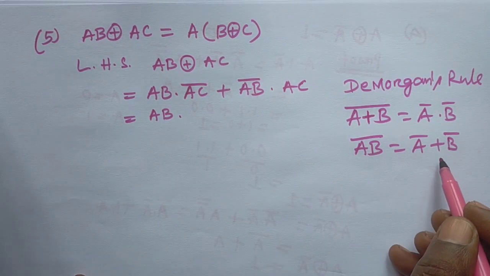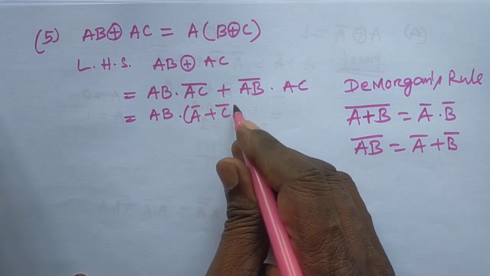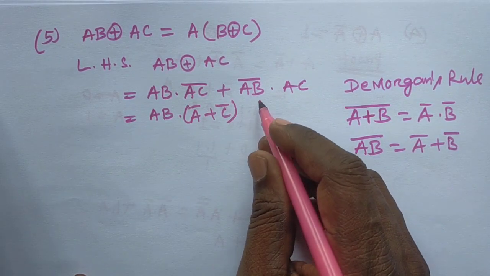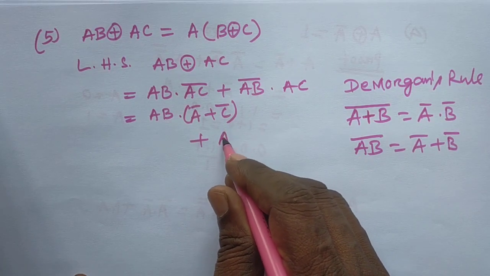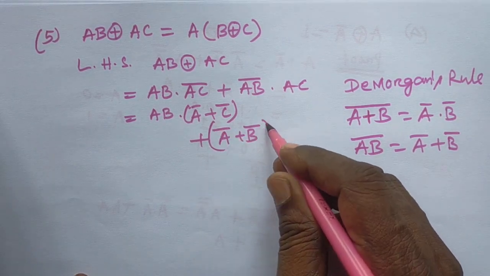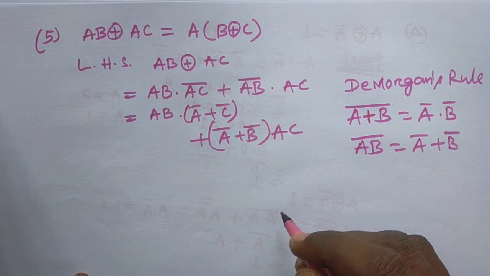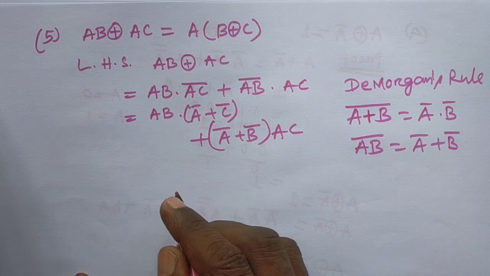So the second rule applies. What is A complement plus C complement? And this one, you write A complement plus B complement into AC. We apply this one.